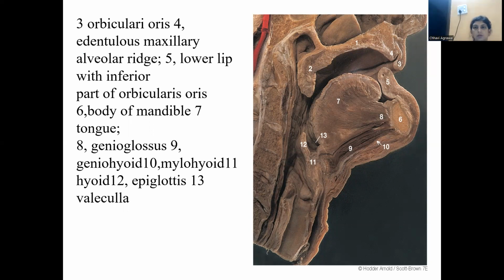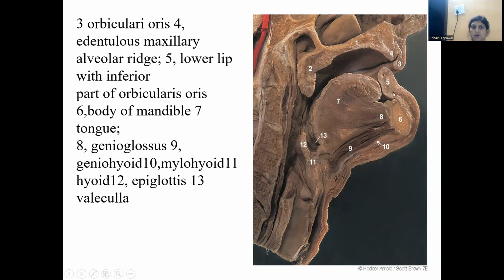This is the sagittal section showing the tongue. This is the orbicularis oris muscle.